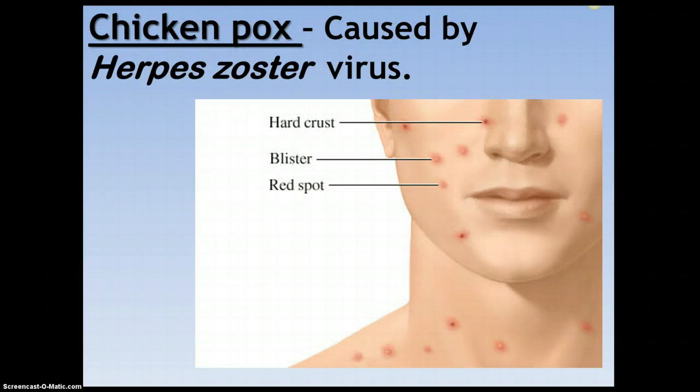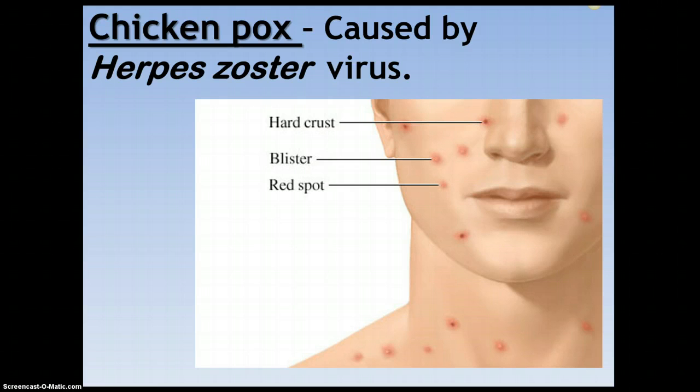Alright, chickenpox. We've all had our chickenpox vaccine, or else we've had the chickenpox virus. If you had the chickenpox virus, you still have it because it sequesters away in the nerve endings forever. It's a herpes virus, and all herpes viruses are basically forever. Herpes zoster is the genus species of this virus.